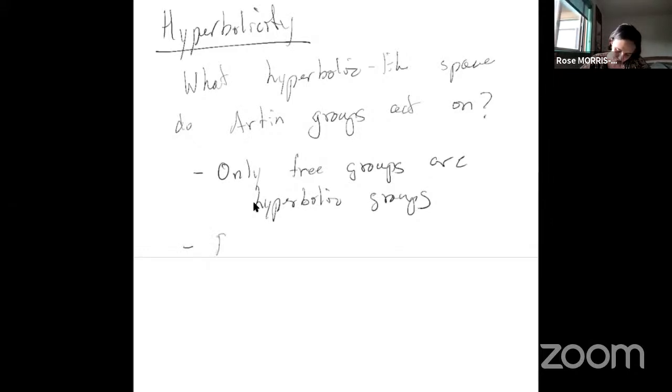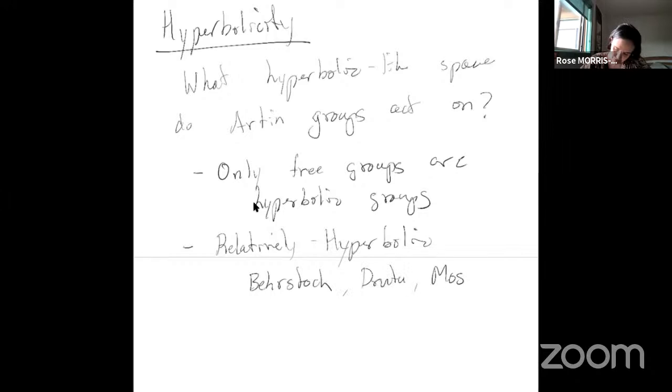Then you might ask, when are they relatively hyperbolic? So when are they hyperbolic with respect to some subgroups? And this is known. This is proved by Behrstock, Drutu and Mosher in 2009.